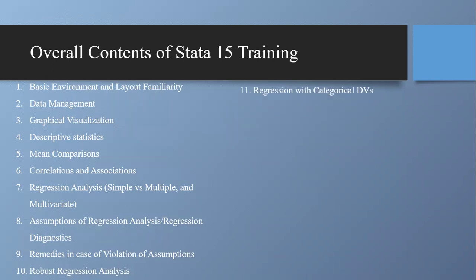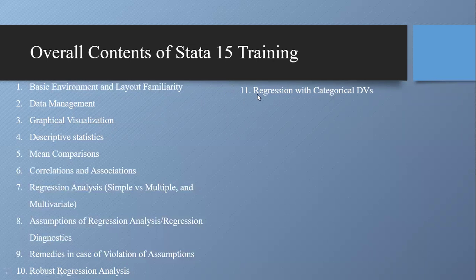Then I will let you know the regression with categorical dependent variable. Sometimes your variable is continuous and sometimes it becomes categorical. In the previous cases, like in the first 10 cases, it is assumed that your dependent variable is continuous. It means it is ratio based. The ratio based variable is considered a continuous variable.